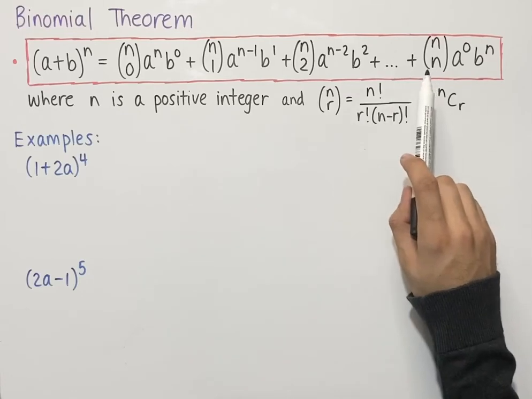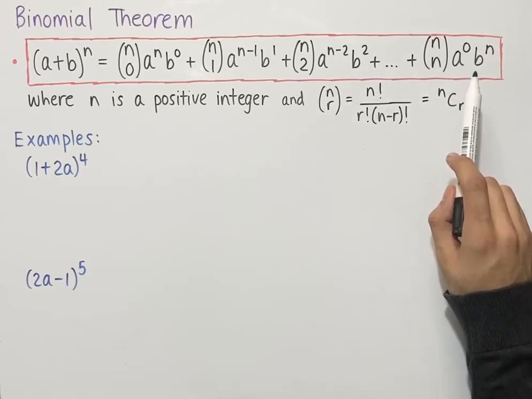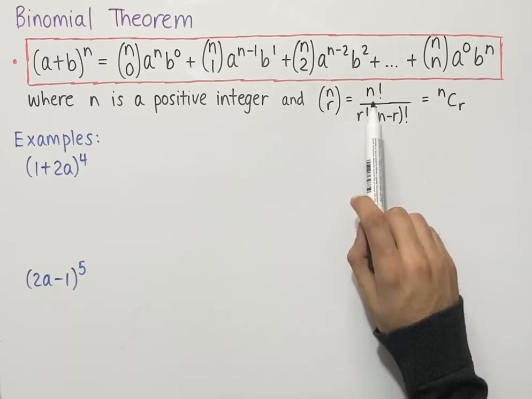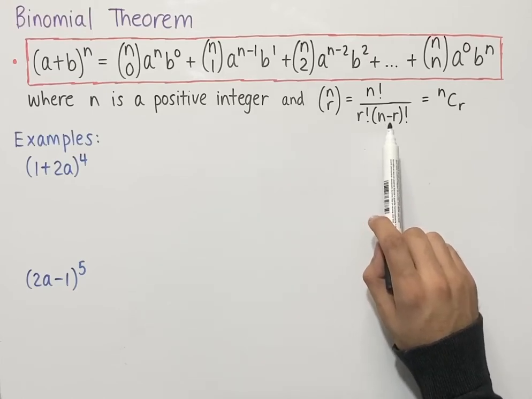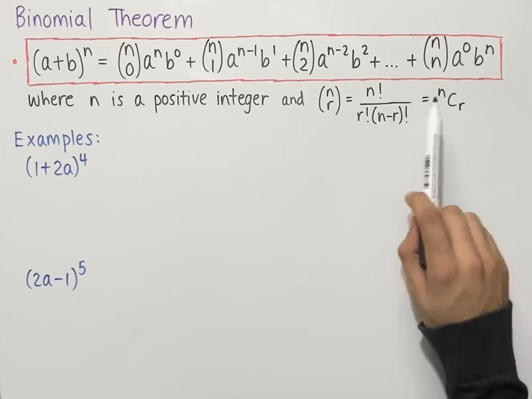And then our final term is n choose n times a to the power of 0 times b to the power of n, where n choose r is equal to n factorial over r factorial multiplied by (n minus r) all factorial. This can also be written as n choose r in this notation.